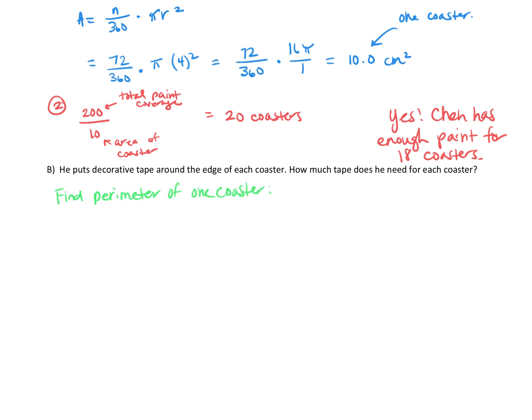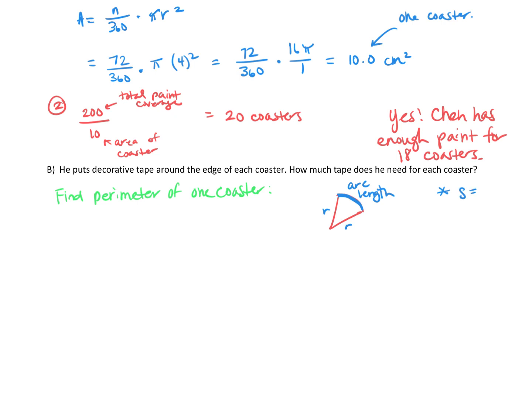All right, so a coaster, if we think about what it looks like, something like that, right? Where we have a radius and another radius. And then this right here is the arc length. So let's just remember arc length is s.